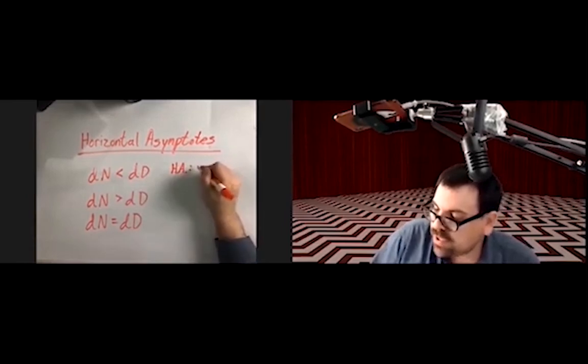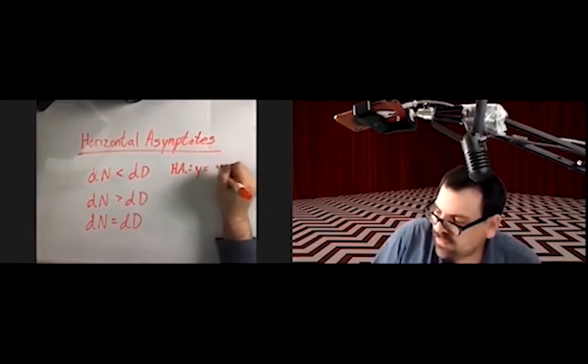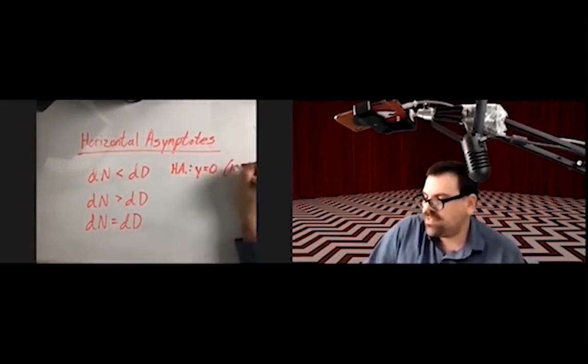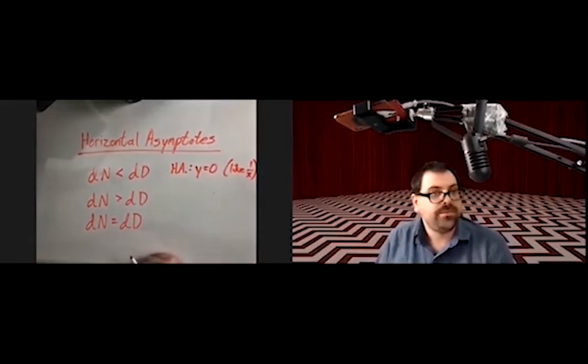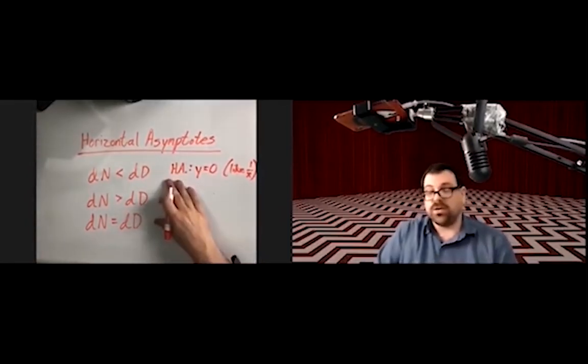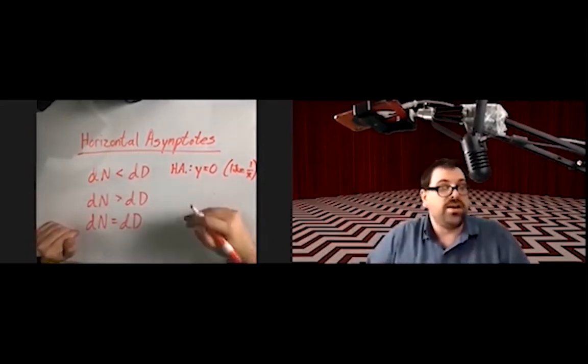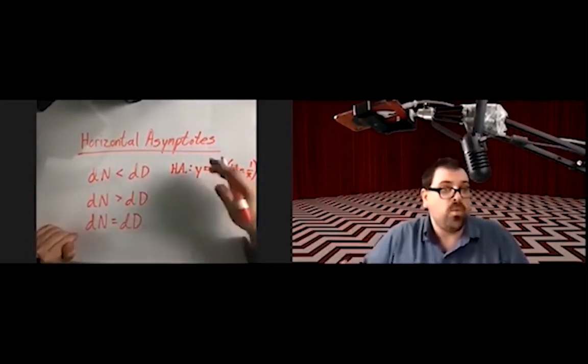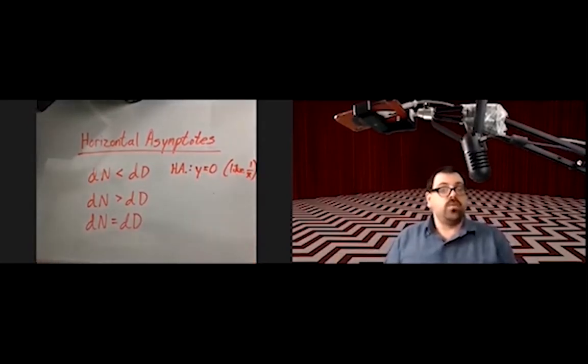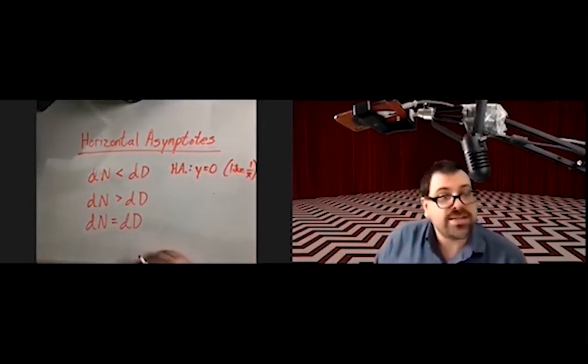Horizontal asymptote is going to be y equals 0, just like 1 over x. That's it. There's no other work for that. If the degree of the top is less than the degree of the bottom, the horizontal asymptote is automatically y equals 0, like 1 over x. And the graph of 1 over x can help you remember that.